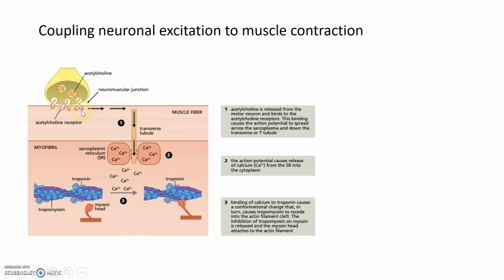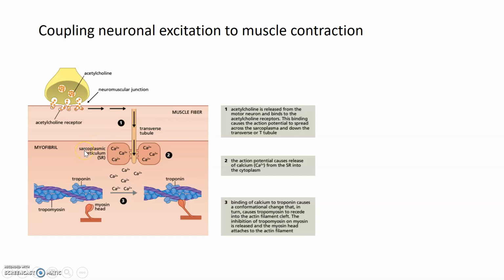And so the signal is received by the fiber and then transmitted into the myofibrils themselves by the transverse tubules. And the way that the myofibrils really respond to this signal from a neuron, or this action potential, is to release calcium ions from the sarcoplasmic reticulum into the cytoplasm of the muscle cell.